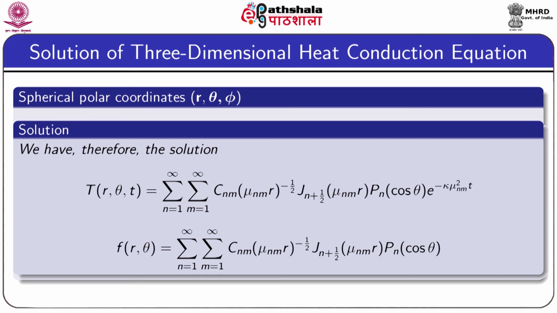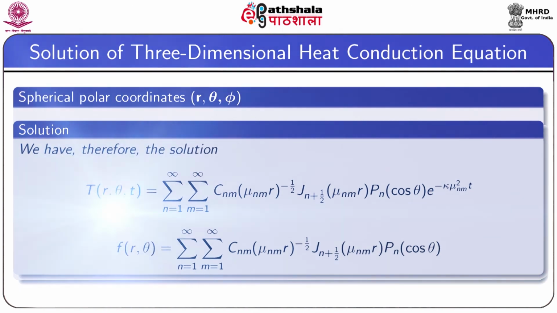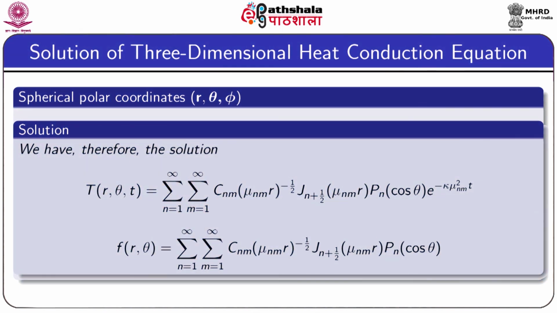To obtain the values of the unknown constants, we need to apply the initial condition. For this problem, it is given that initially the temperature is given by the function small f. In the general expression, if we put t equal to 0, we get the function small f, and the right hand side is given here. Now, from this expression it is easy to find the values of C_nm.